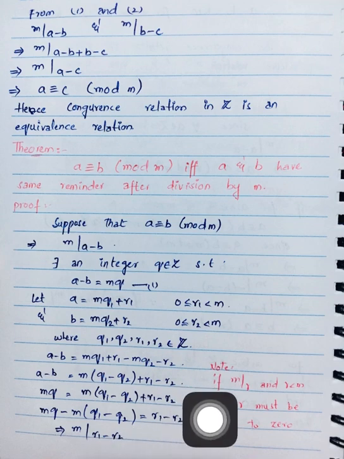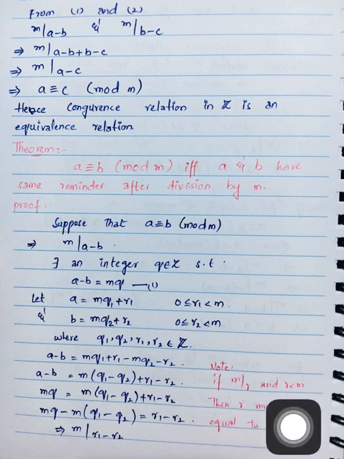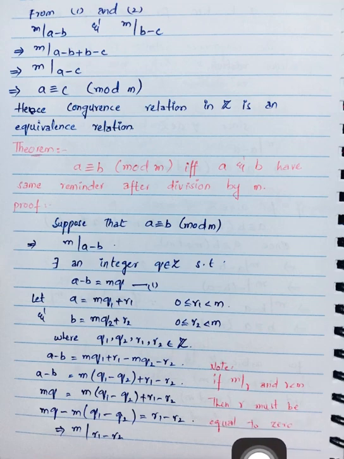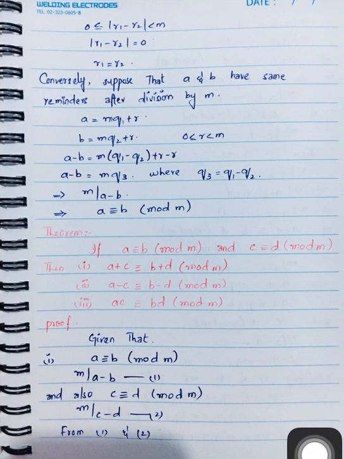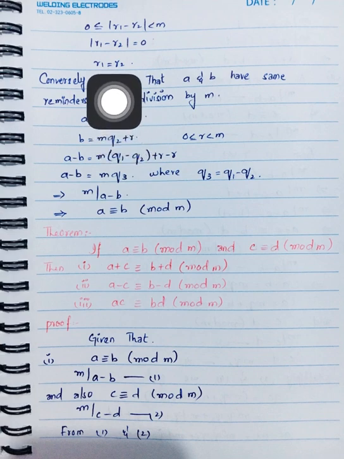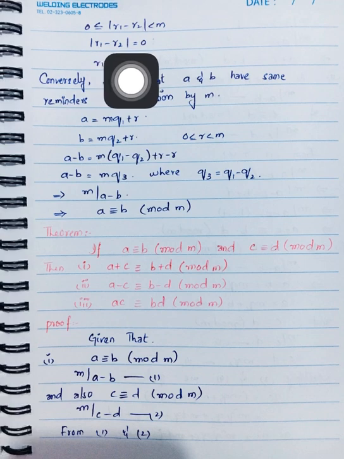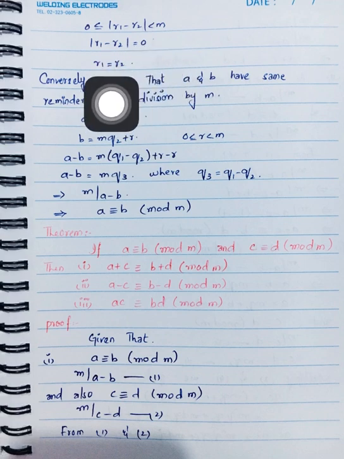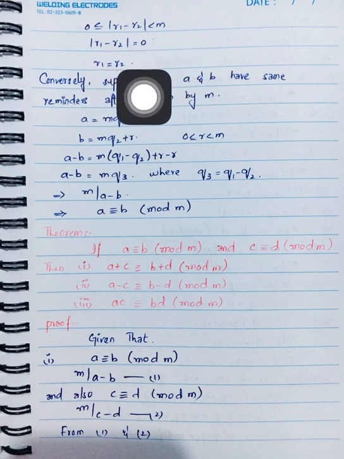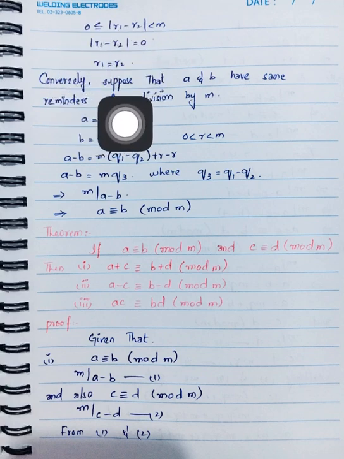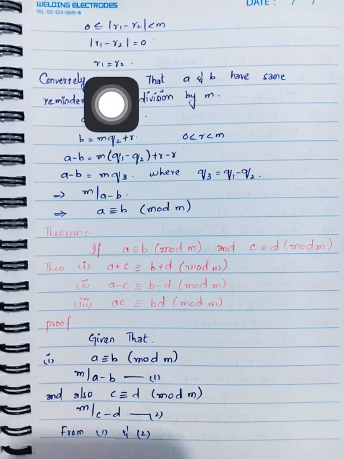Here is a note: if m divides r and r is less than m, then r must equal 0. Now the absolute value of r1 minus r2 is less than m, so r1 minus r2 equals 0. That means r1 equals r2. So the remainders are equal, that means the remainder of a and b is the same.